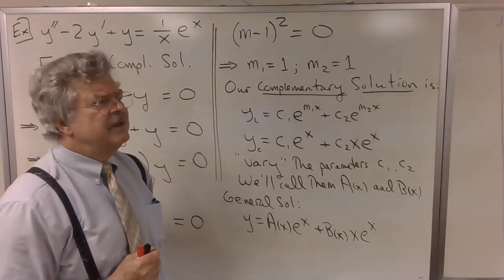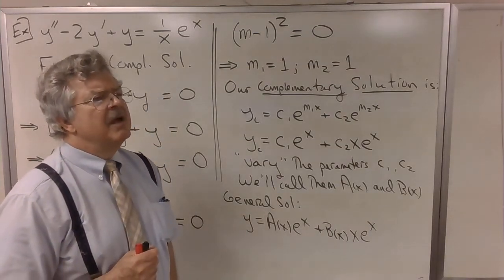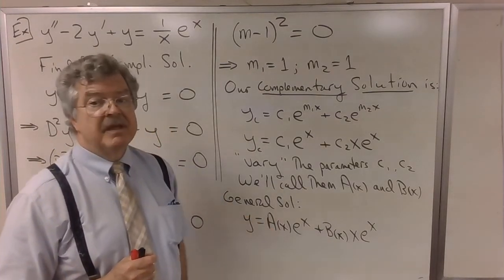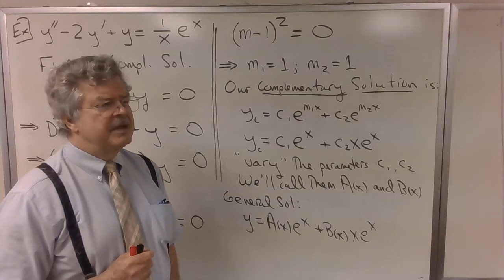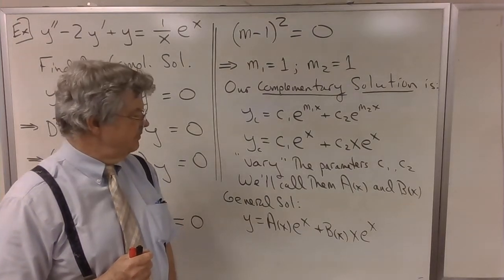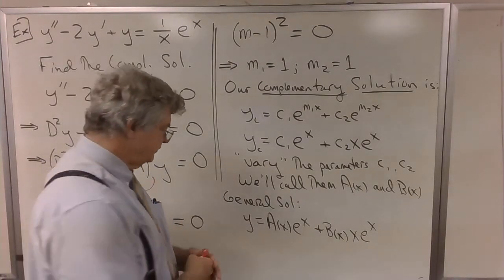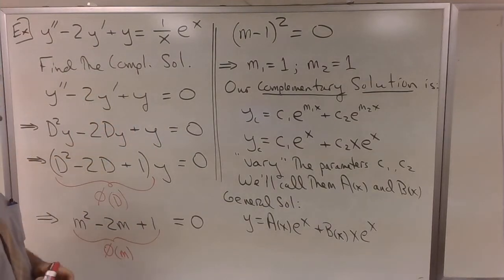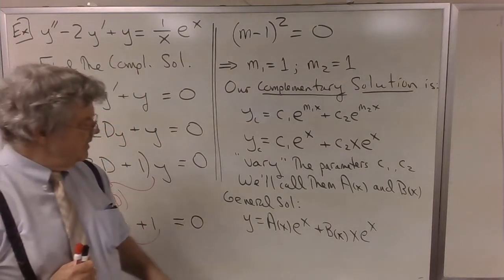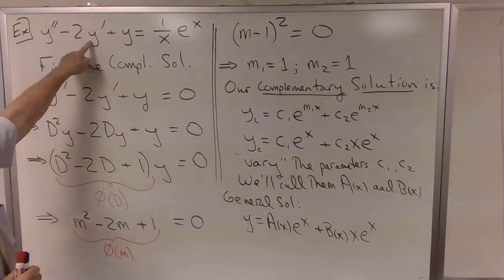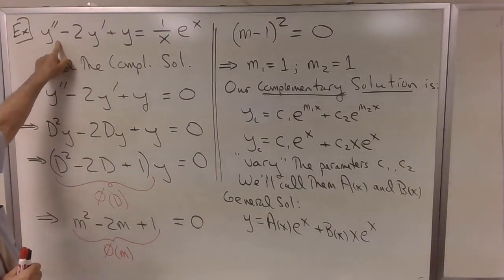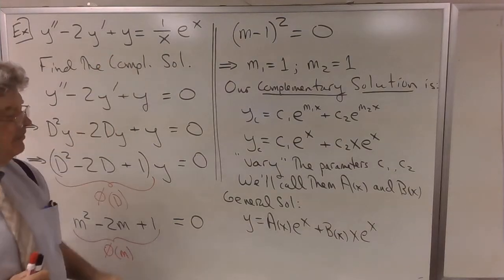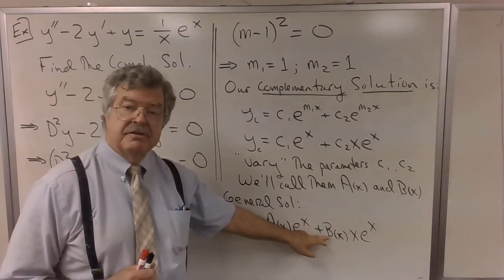So we have a right to impose another restriction on a of x and b of x, and we'll do that when it becomes advantageous for us. Our next step is going to be to compute y prime and y double prime and plug them into this equation and solve for a of x and b of x.